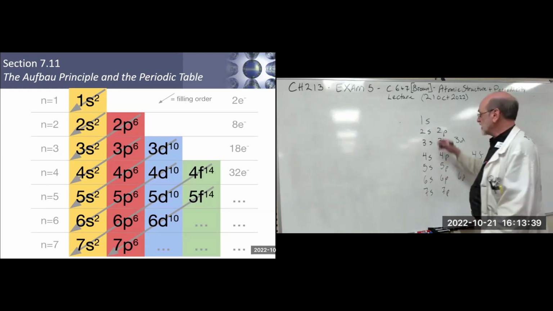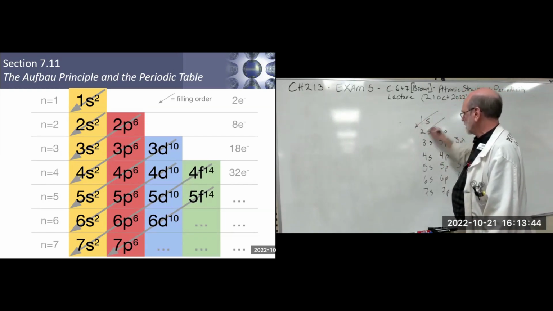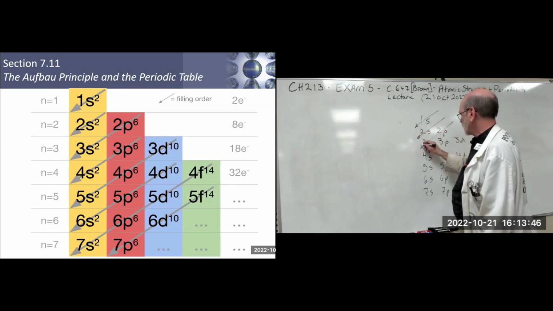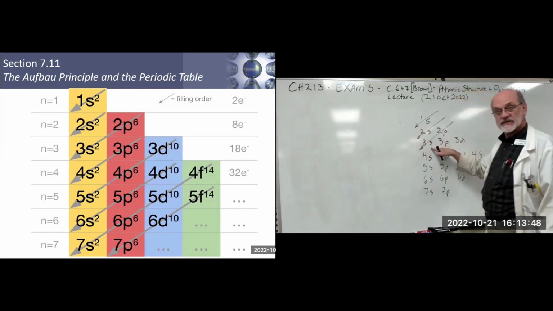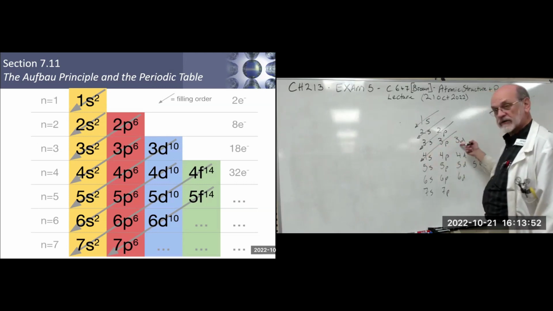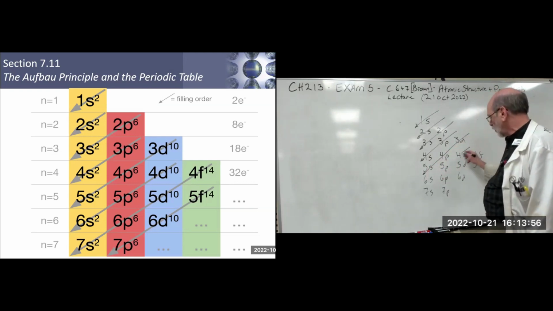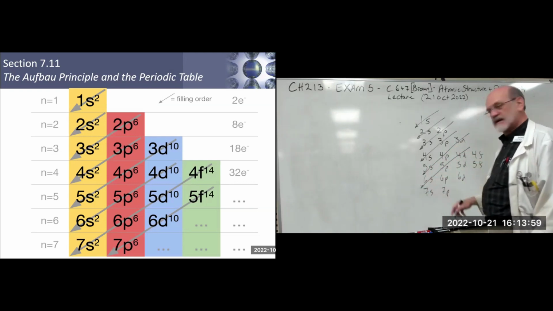the filling order is diagonal. That one's filled. Come back around. That one's filled. That one's filled. 2p, 3s is next. And then 3p. And then you go to 4s before you go back to 3d. Then you go to 4p and 5s. Then you go to 4d, 5p, 6s.